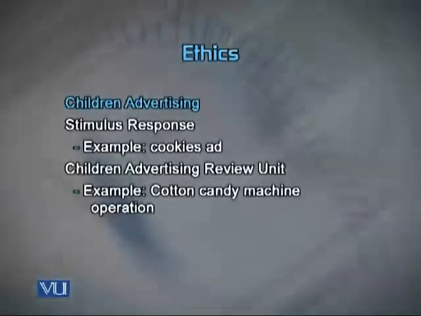Now, there was another example where it was shown that there is a cotton candy machine where you can produce cotton candy on your own. But that was not the intention of the advertisers. They were trying to say that you can enjoy eating cotton candy. The idea was not that you can operate the machine yourself.